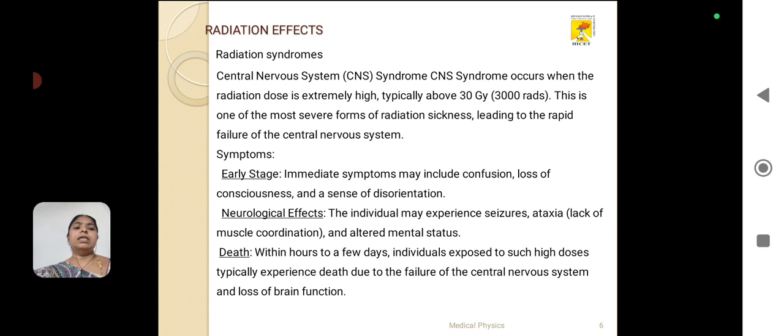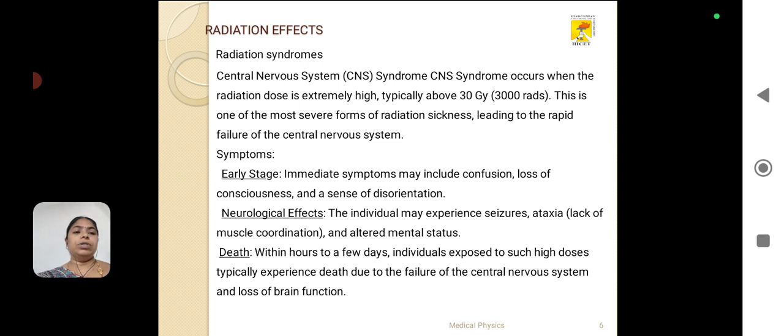Let us see the central nervous system syndrome. It occurs when the radiation dose is extremely high, typically above 30 Gray. This is one of the most severe forms of radiation sickness, leading to rapid failure of the central nervous system.